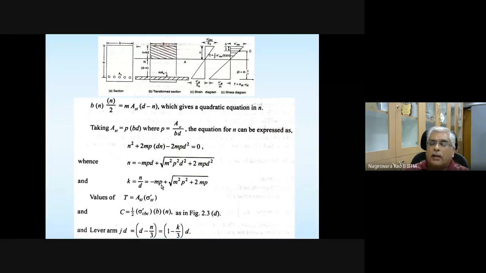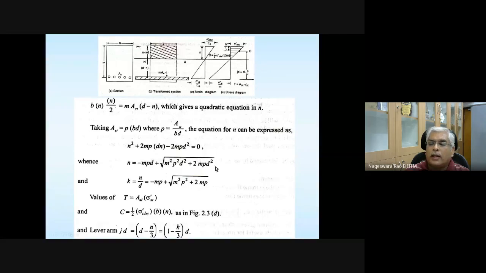So if you know the grade of concrete and the percentage of steel that you provided, you can easily find the neutral axis depth factor. Irrespective of the effective depth of a particular beam, you can easily find the neutral axis depth, which is a function of only the modular ratio and the percentage of steel.